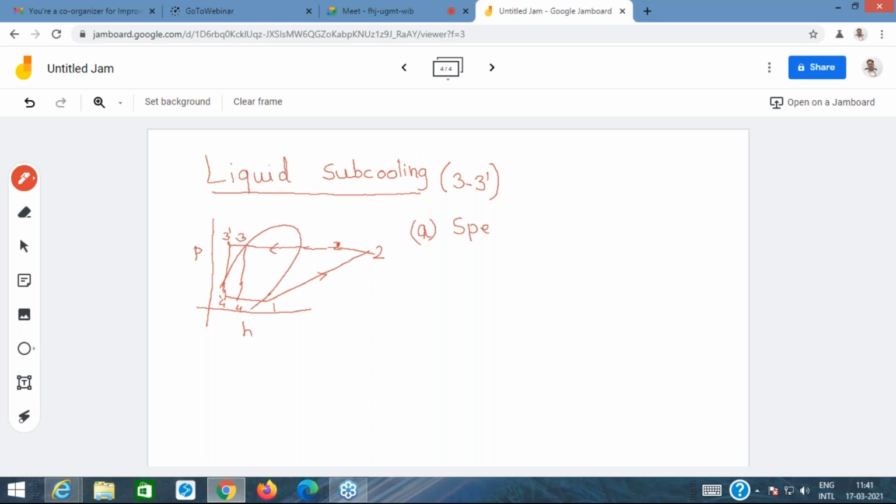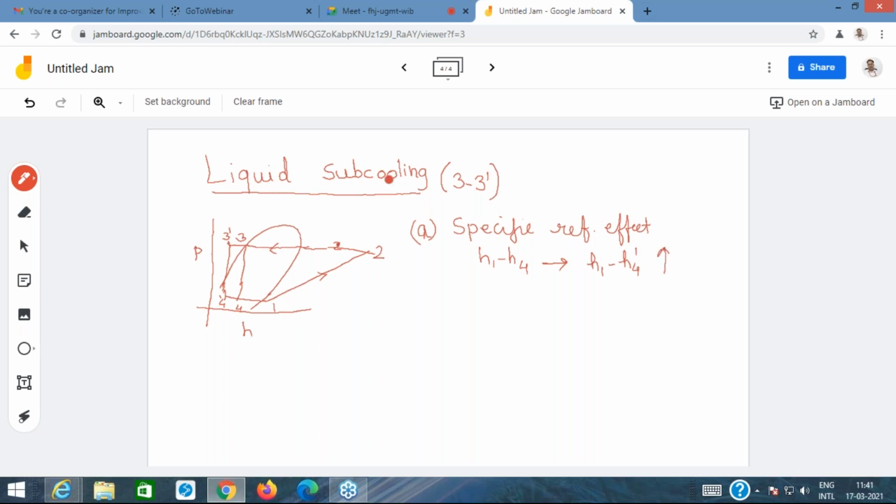What was the specific refrigerating effect in the saturation cycle? The specific refrigerating effect in the saturation cycle was H1 minus H4, and because of liquid subcooling, this specific refrigerating effect has now increased to H1 minus H4 dash. Whether this is desirable? Obviously this is desirable.